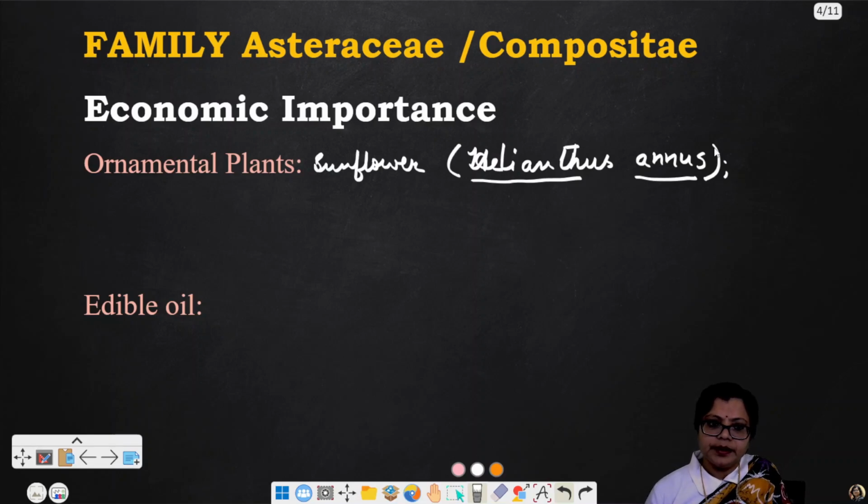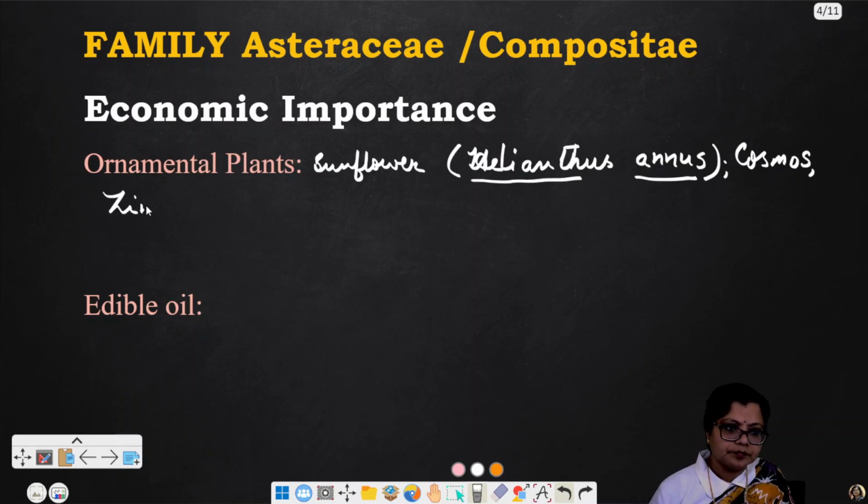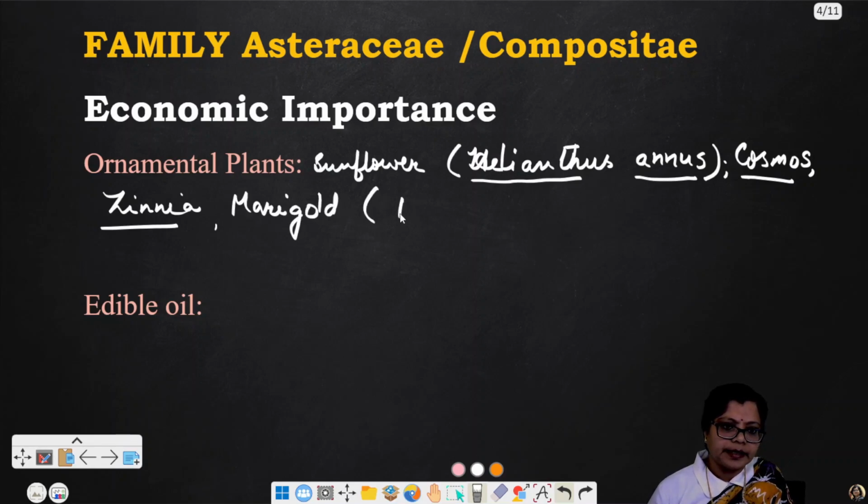Okay, then cosmos, then zinnia, then marigold, Tagetes sp.